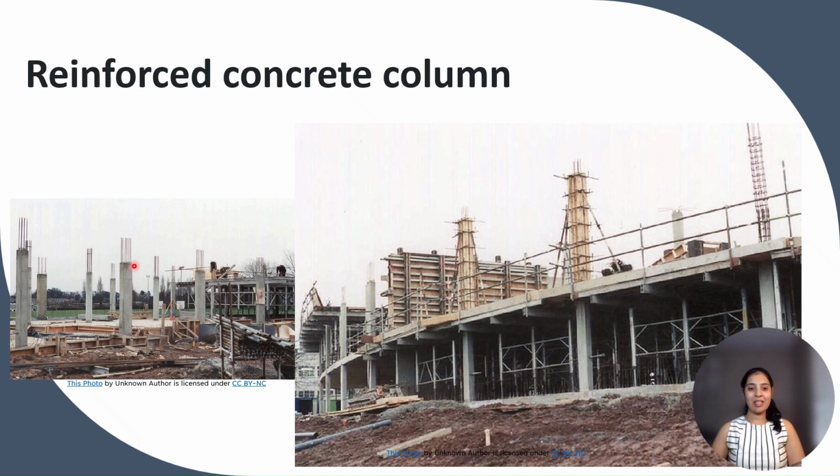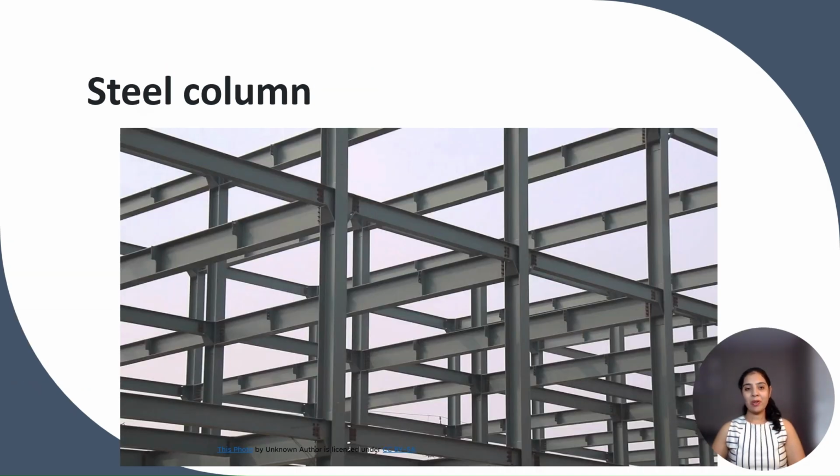So you can see this is the concrete column and this is the reinforcement. How the columns are constructed, that is shown in this picture. Second type of columns are steel columns. You can see here these steel columns.